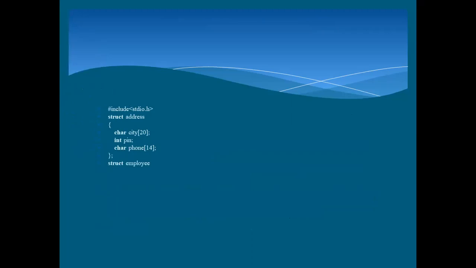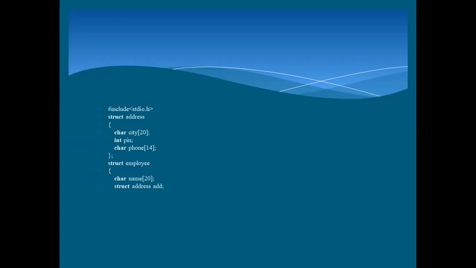Now we create another structure with the name employee. The structure contains the name of the employee, and we are going to store the address. For storing the address, we create a structure variable add.